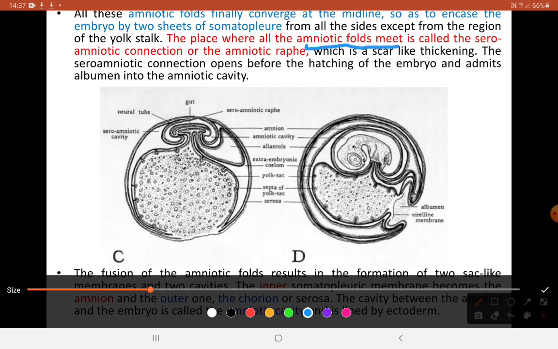When all these amniotic folds meet, it is called seroamniotic connection or the amniotic raphe.